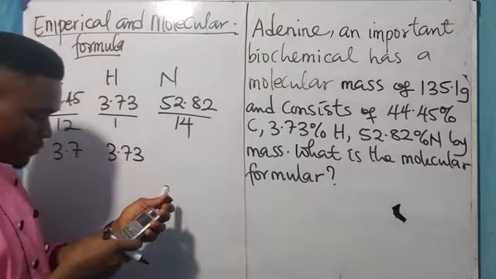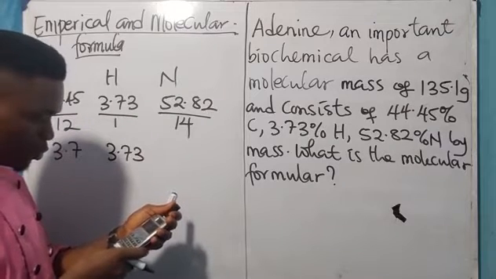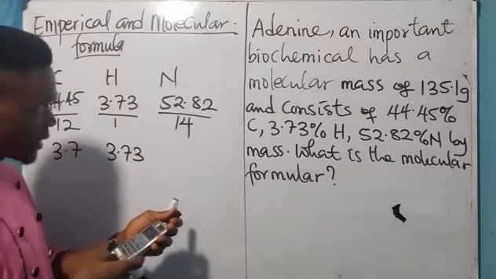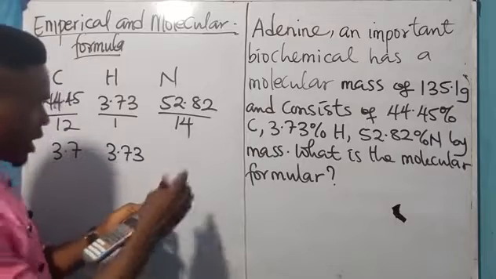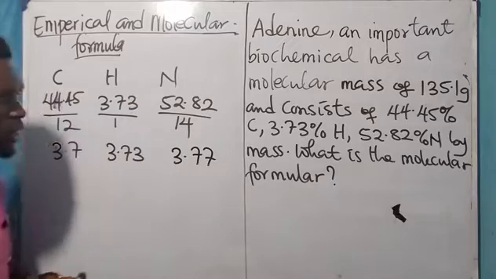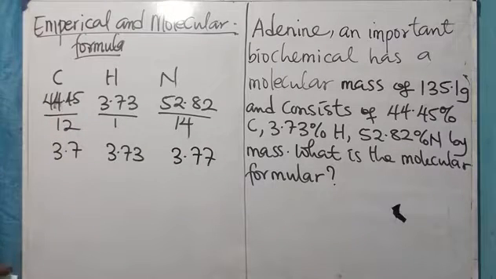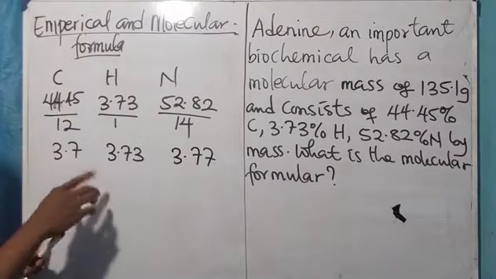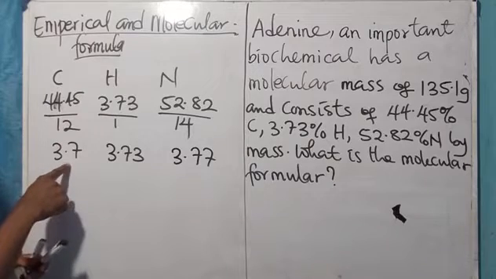Then 52.82 divided by 14 gives 3.77. Alright, 3.77. The next thing to do is to divide through by the least value.